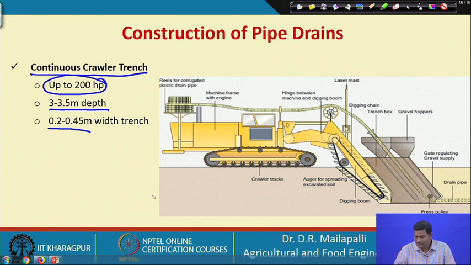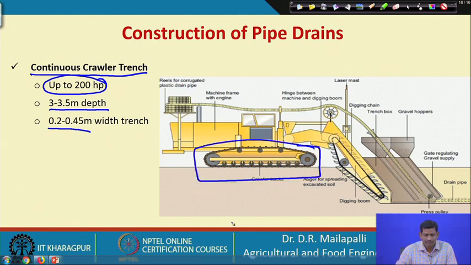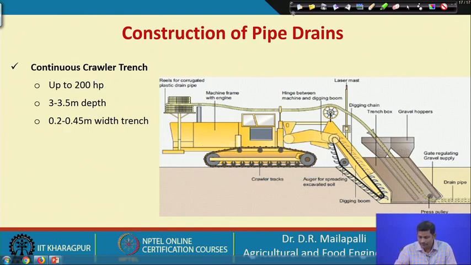If you see here, the continuous crawler trencher has these crawlers. This is the corrugated drain pipe.